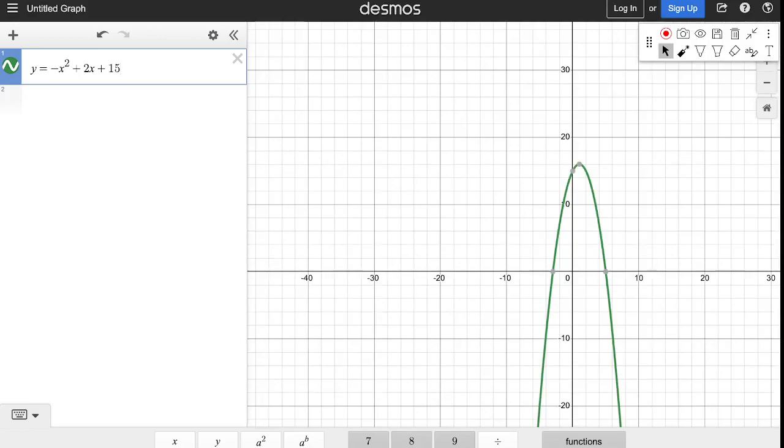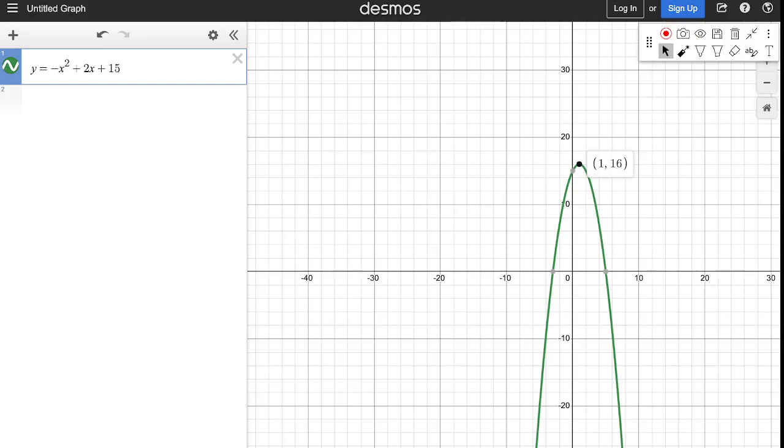And again, the nice thing is it saves us a lot of work. We can go back and check on it, but it gives us the vertex as 1, 16, just like that. 5, 0, and -3, 0. So we've got our x-intercepts, we've got our vertex.